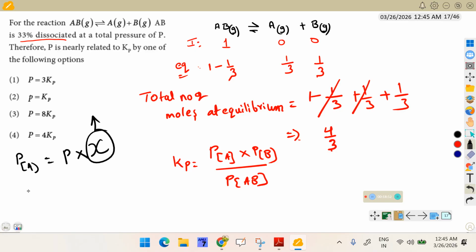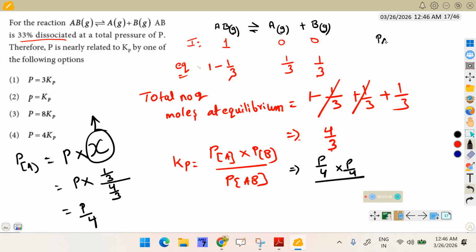Based on that, partial pressure of A is equal to P into 1 by 3 divided by 4 by 3. Simplify: P by 4. Partial pressure of B is also P by 4, divided by partial pressure of AB.